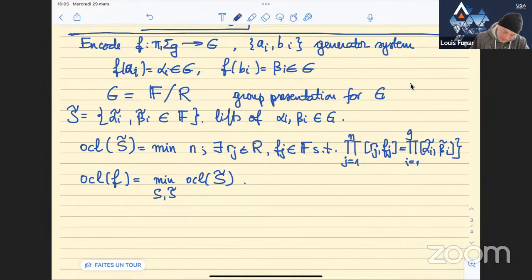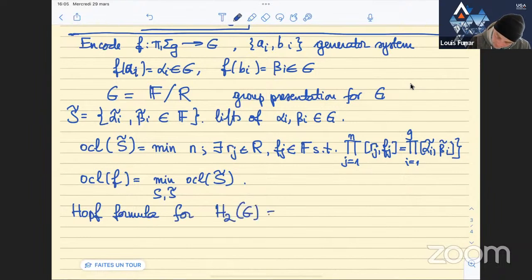Let me say it the following way. We have the Hopf formula for H2. H2 of G also has a kind of presentation: you take the commutator of F, intersect it with R, and this is the free group, and here you put [F,R].